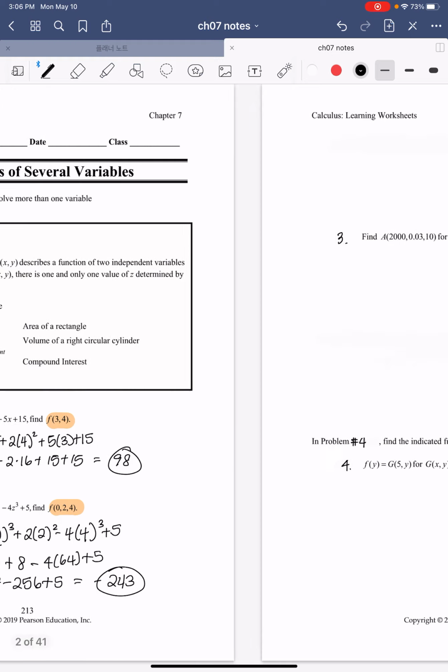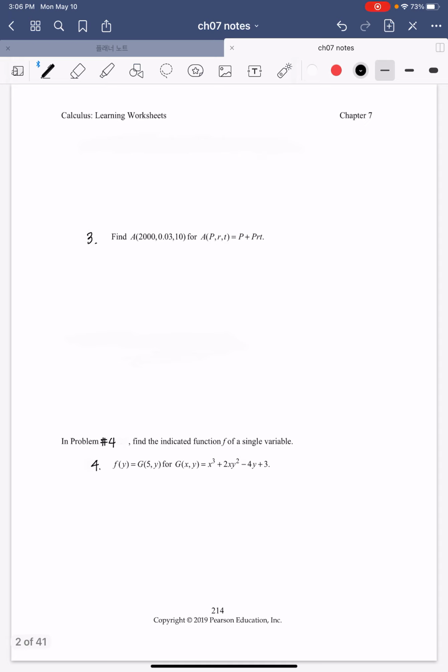Okay. Let's take a look at more examples. Number 3, again, this function A is described in three separate variables, P, r, and t. So one more similar problem. I'm going to plug in P, r, t as 2000, 0.03, and 10.